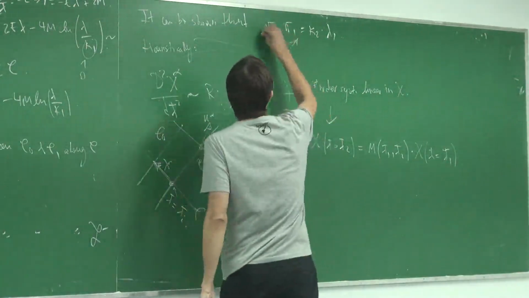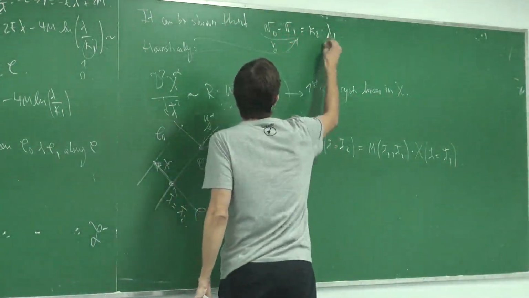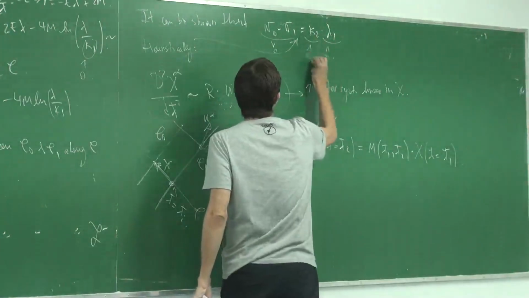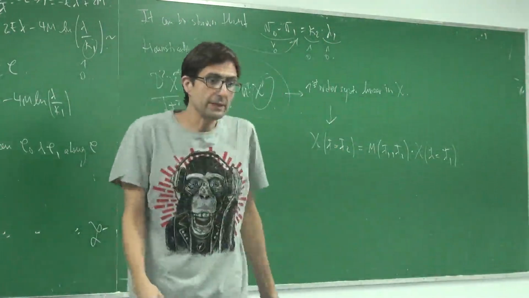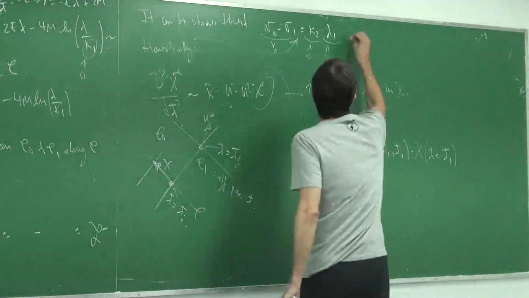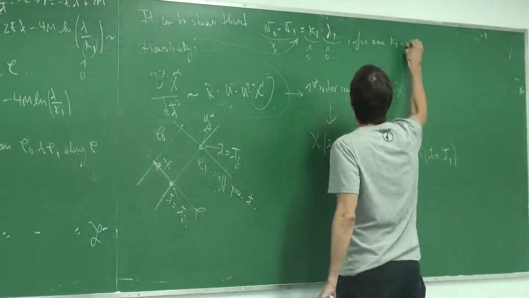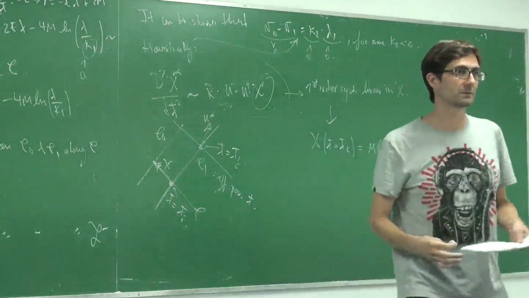Where this is positive, this is negative, and so K2 for some constant.